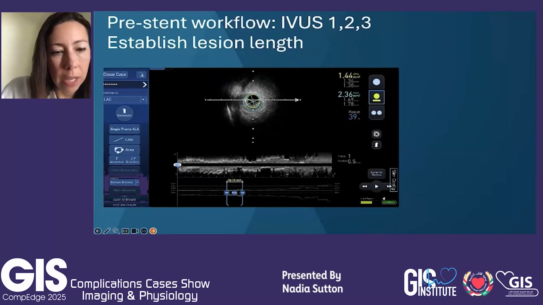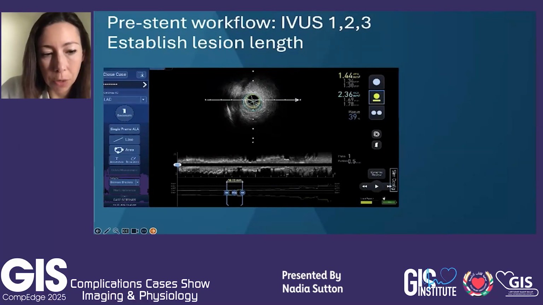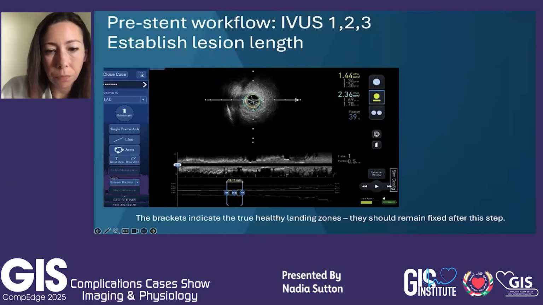So in this particular circumstance, where we have AI assisting us is by identifying the lumen area as well as the vessel area. And then you can see here that the minimum area, where it says min in the middle of those two brackets, it has identified the minimal area by AI in terms of the lesion at the most minimal lumen area.